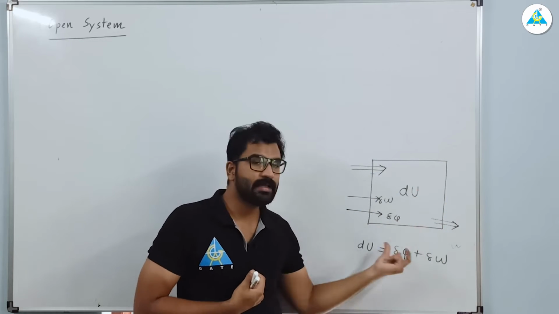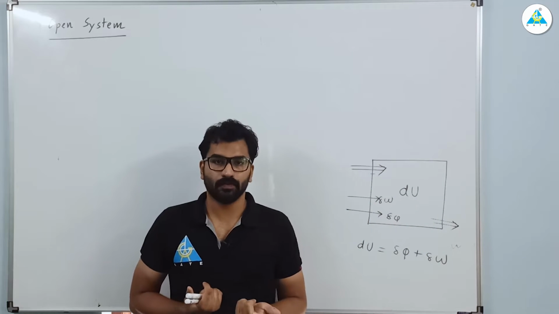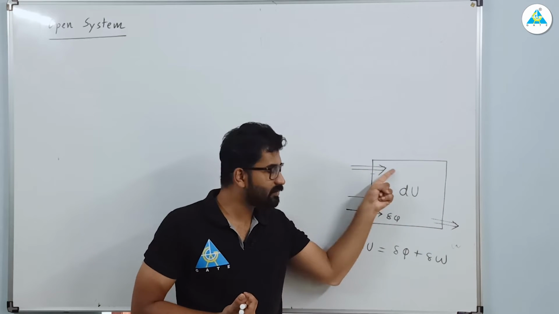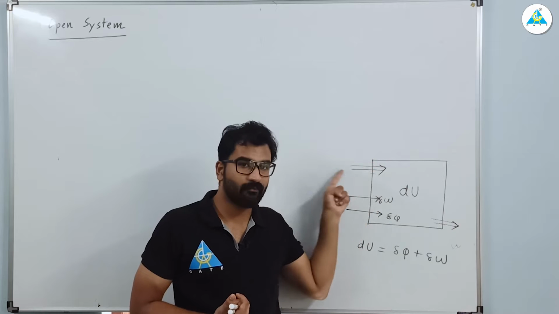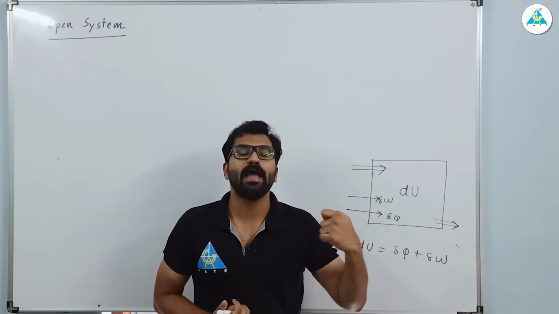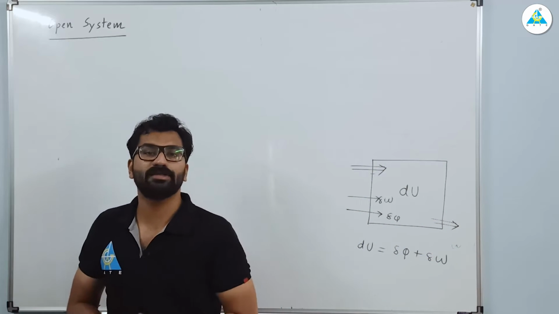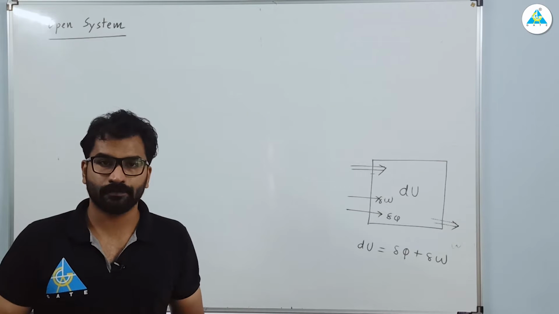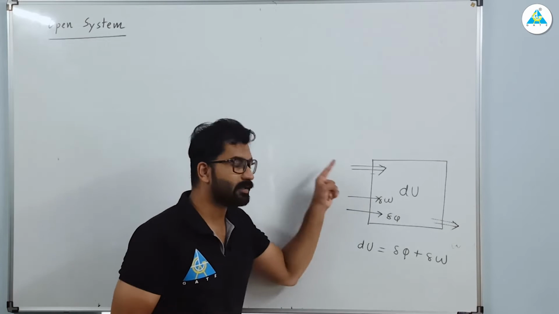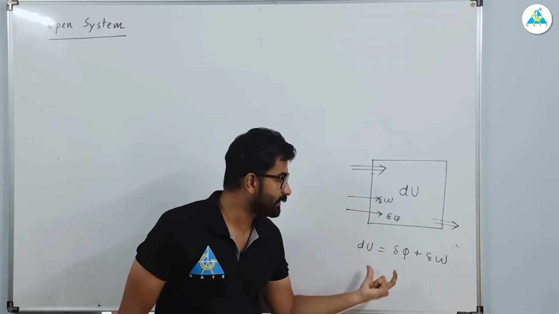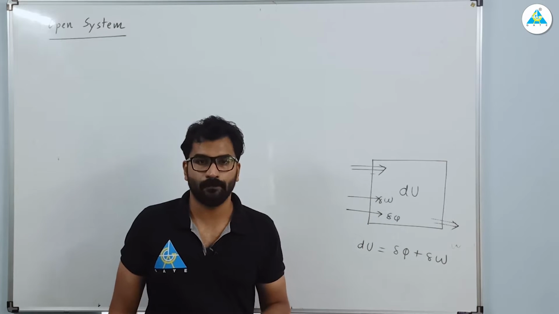So whenever you write the energy balance, you have to consider that also, that is the energy carried by the inlet fluid and the energy carried by the exit fluid. Both of that energy should be taken into consideration, so two terms will come extra in this equation for an open system.